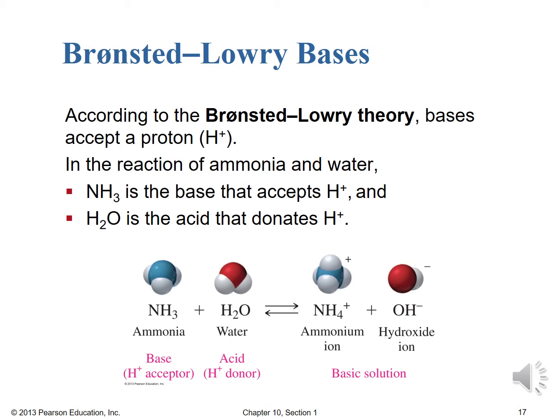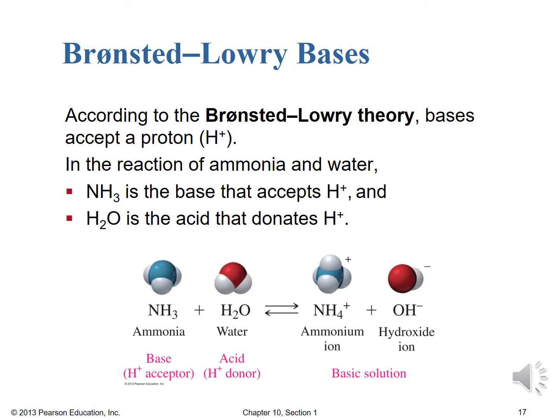If we look at the reaction of ammonia and water, NH3, ammonia, is the base because when we look at the product side, we see that it's NH4+, so it's increased by an H+. So it must have been the proton acceptor. In this case, the water is actually the acid. It's the proton donor, right? When we look from left to right, the water goes from H2O to the OH-, the hydroxide ion.